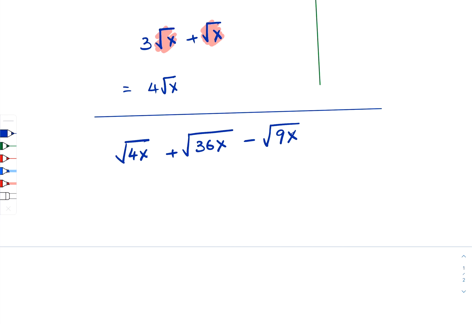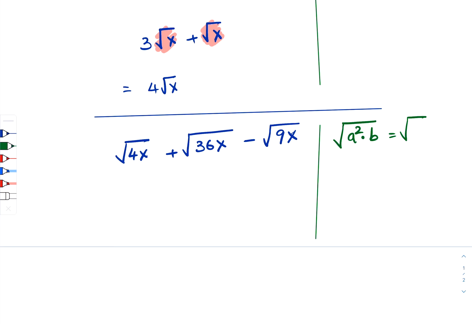In order to do that, we need to understand a few basic rules of radicals. Let's say you're given a radical of a squared times b. Because there are two factors here, and there's a visible square, a is squared, you can split this radical.